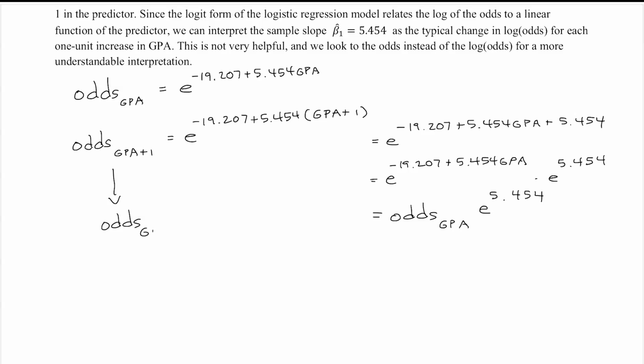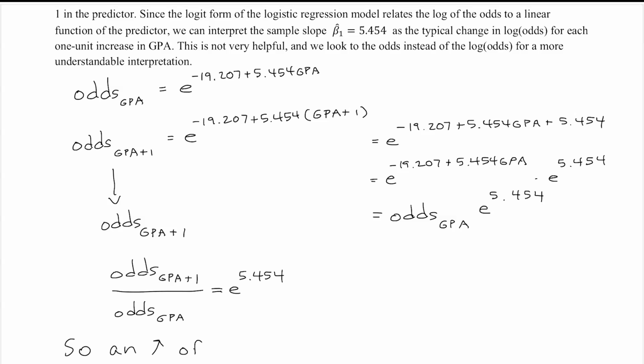Or, and this again, I've been carrying down, this is the odds of being accepted at whatever that GPA value is plus 1. So if I actually do the division, the odds of being accepted at GPA plus 1 over the odds of being accepted at GPA, whatever that is, so that odds ratio is in fact e to the 5.454.